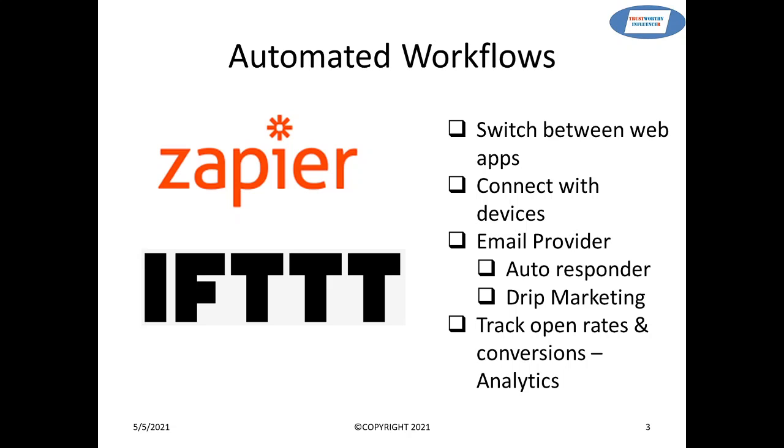Now, in order to get complete control of this, you would need some tools. Zapier is one such tool, as well as IFTTT. If this, then that. That's what IFTTT means. So you would need these tools to be able to communicate with web applications.